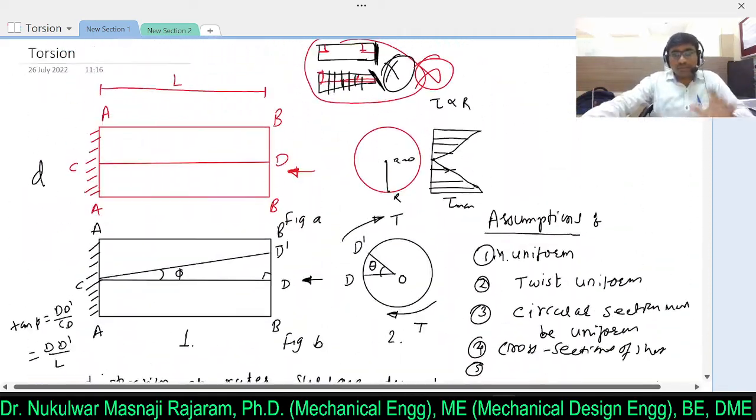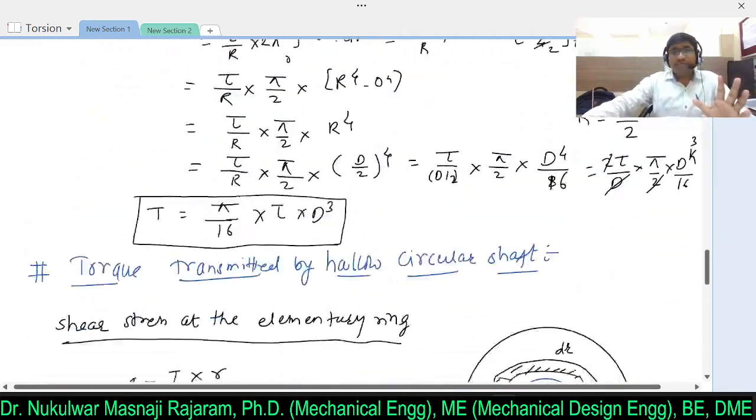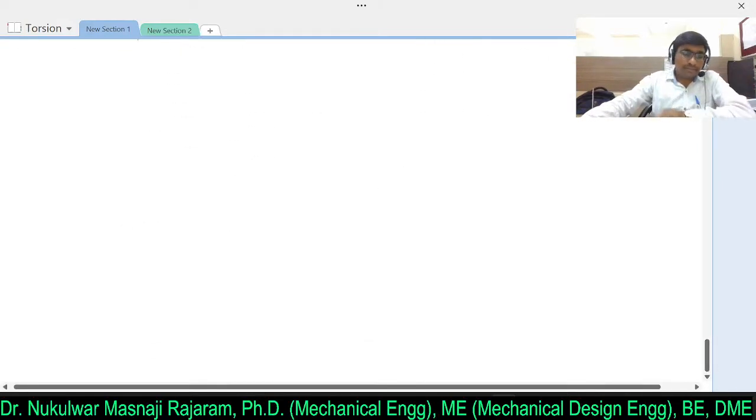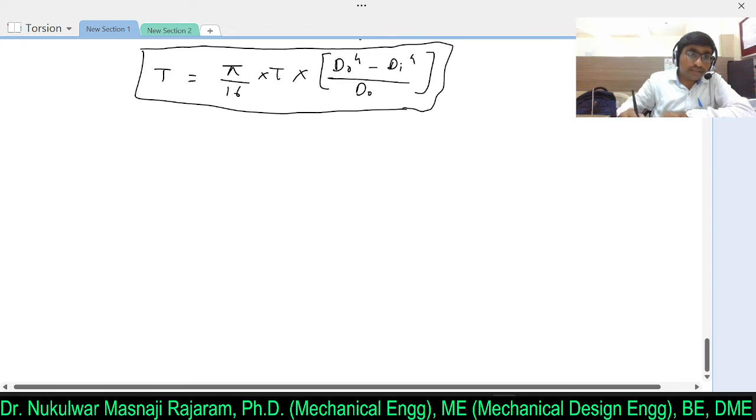Clear? Now what is the purpose of a shaft? It must transmit the motion or torque or power. Clear? So the next topic of discussion is power transmitted by any shaft.